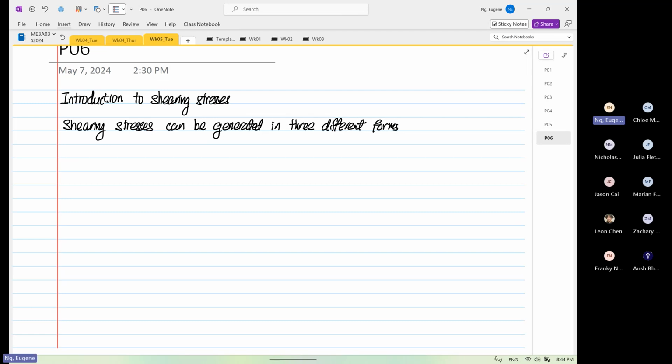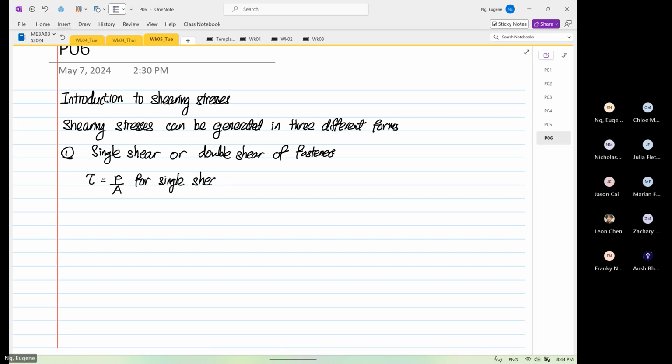The first one we know is either single shear or double shear of fasteners. So the shear stress calculated is equal to P over A for single shear, and for double shear it is P over 2A.